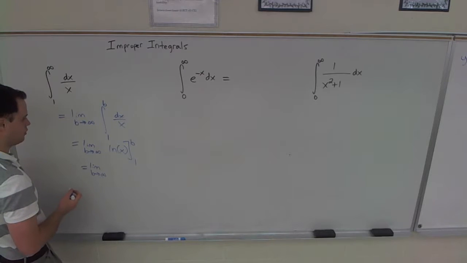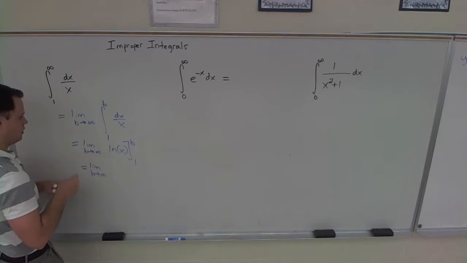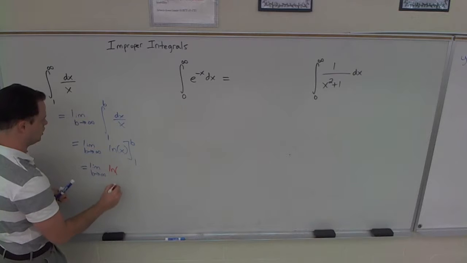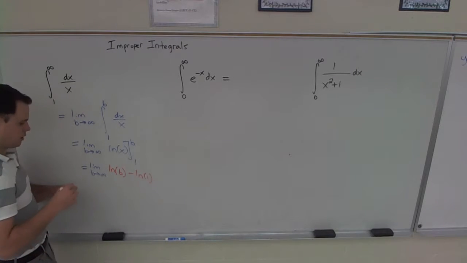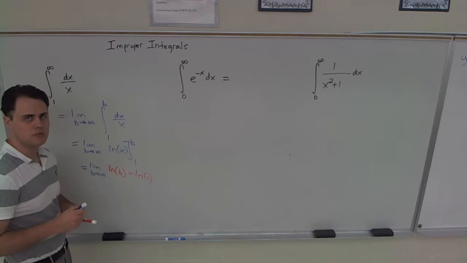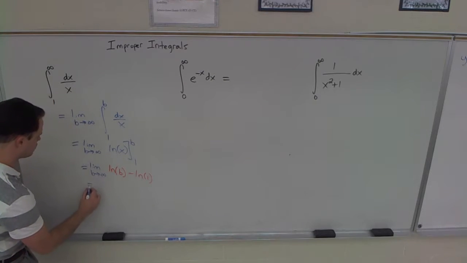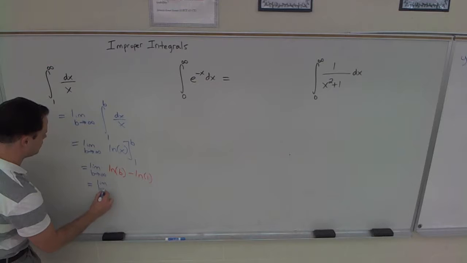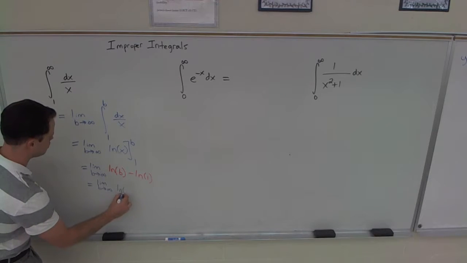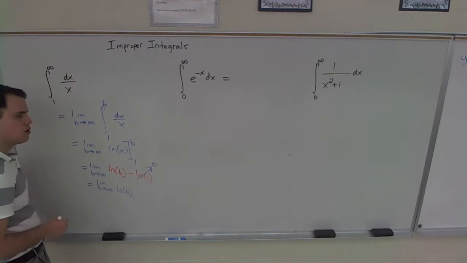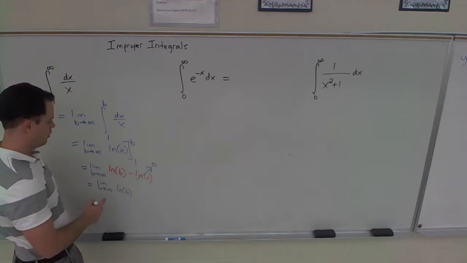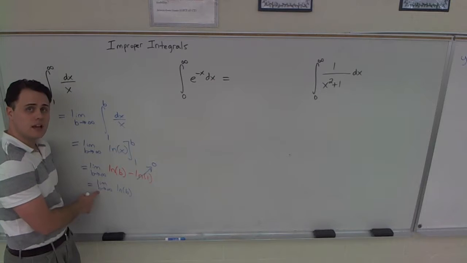Now I'm going to use the fundamental theorem to say that's equal to big F of b minus big F of a. So you want to simplify. The natural log of 1 is, of course, 0. So this is the limit as b approaches infinity of the natural log of b, because this guy goes to 0.